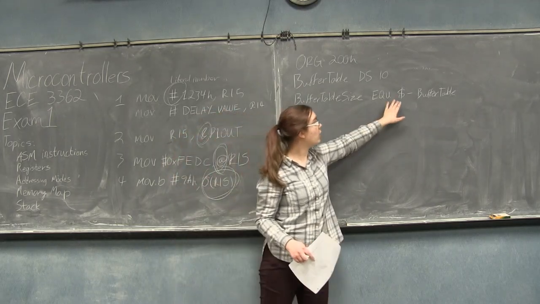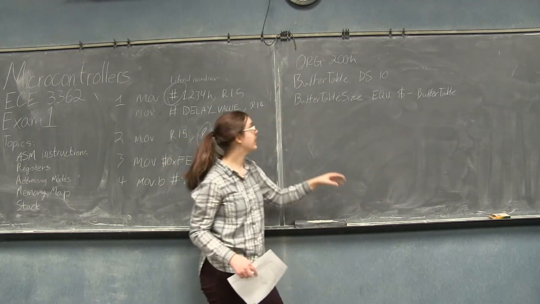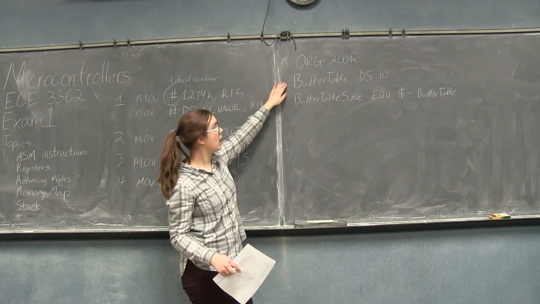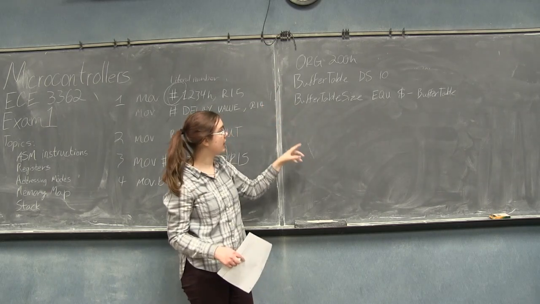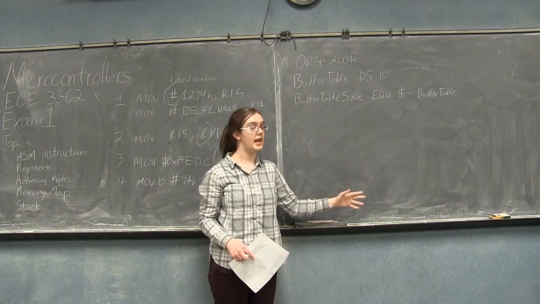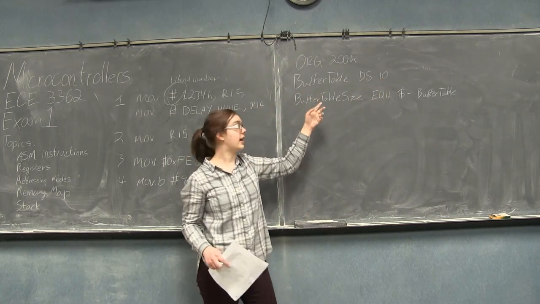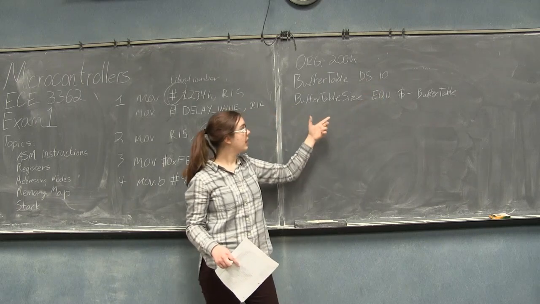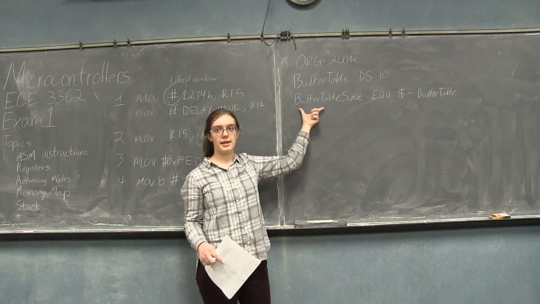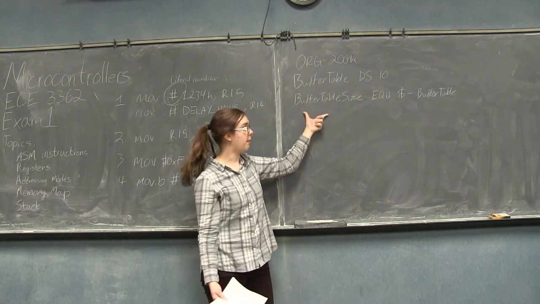So you really only use this when you want to keep things dynamic. Because you could set later that buffer table size equals 10 and just remember that this is 10. But if you want to come in later and set this equal to 12, this will dynamically remember that.